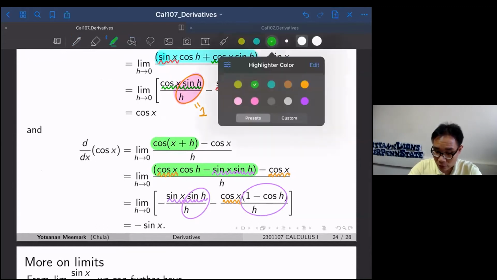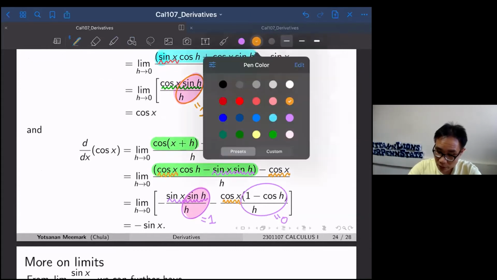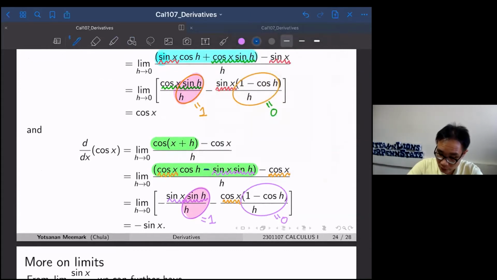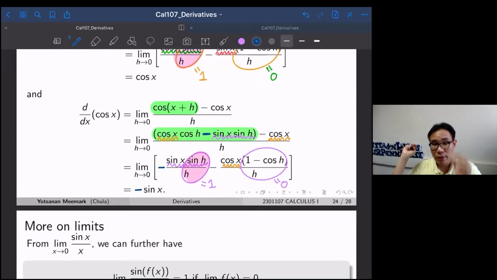So for this one, you get 0. So this one is going to be 1. This one is going to be 0. And you have the negative sign that comes from this negative sign. So when you differentiate cos, you get negative sine. Okay, the derivative of sine gives cos, the derivative of cos is negative sine.